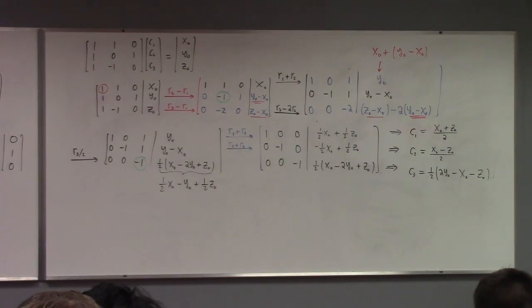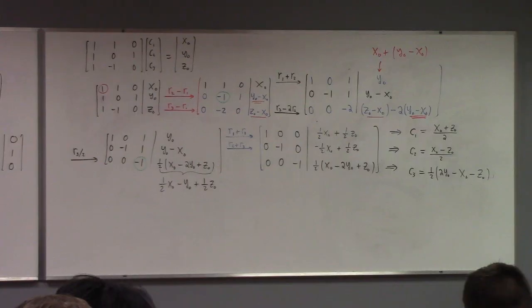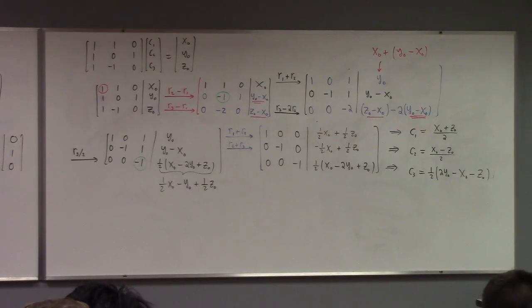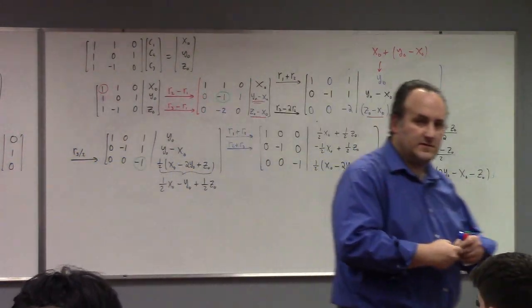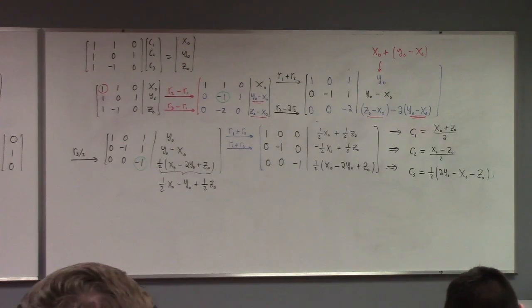My C2 was, what was it? x naught minus z naught over 2. Now there I've got to be careful. C2 picks up the cosines and sines, so we have to put them as appropriate from the general solution.